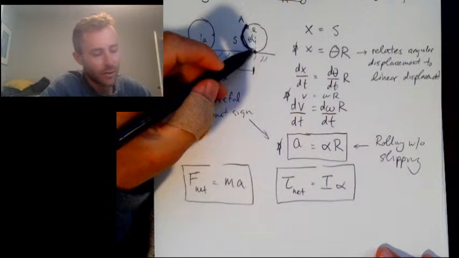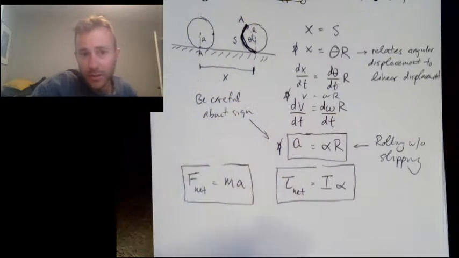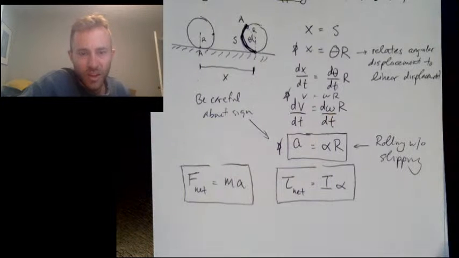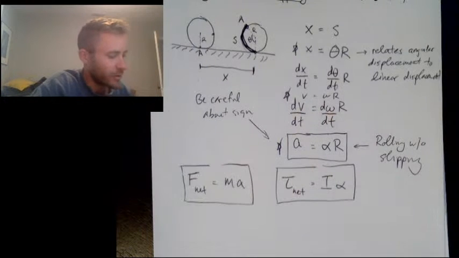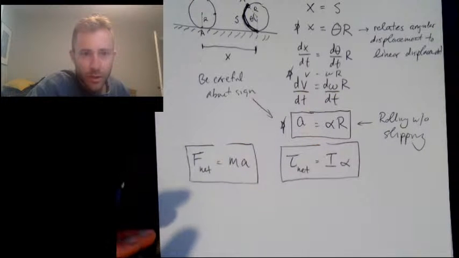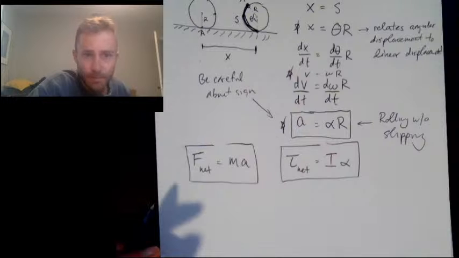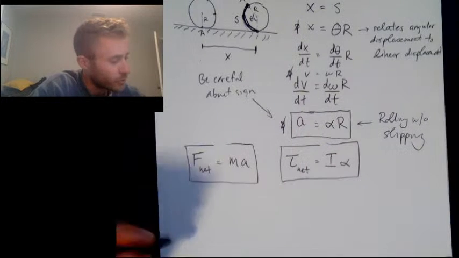Because this is technically a negative angular displacement, but I've written this equation with a positive, as is usually done. So we just got to be careful, and I'll talk about that as we do examples. I'm going to do two examples that will illustrate how this works, and then we'll go to the Zoom room.